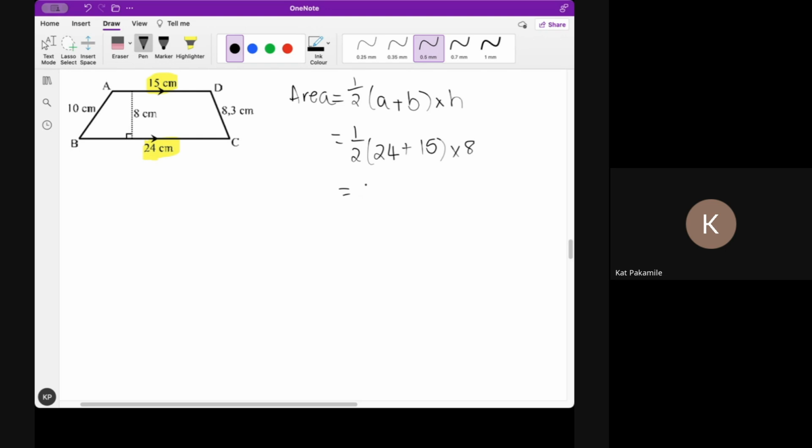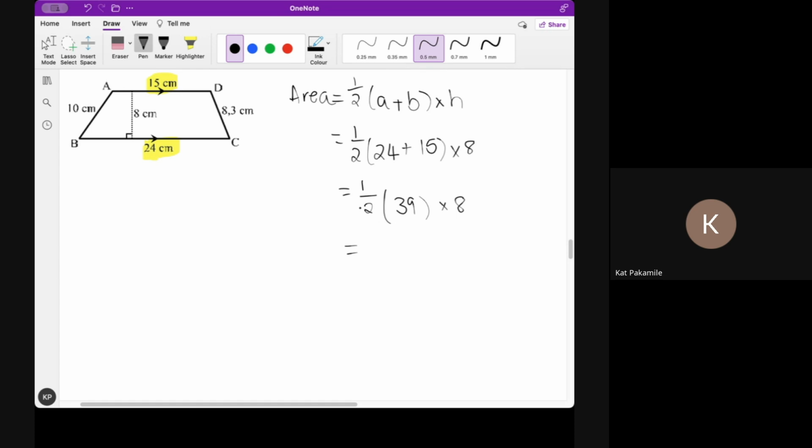Now you guys have calculators, but I'm going to pretend I don't. I'm first going to add these two in the middle. So 24 plus 15 is 39, so half of 39 times 8. I know this is going to be a decimal because of that 39. Oh, no, it's not, because you can half.